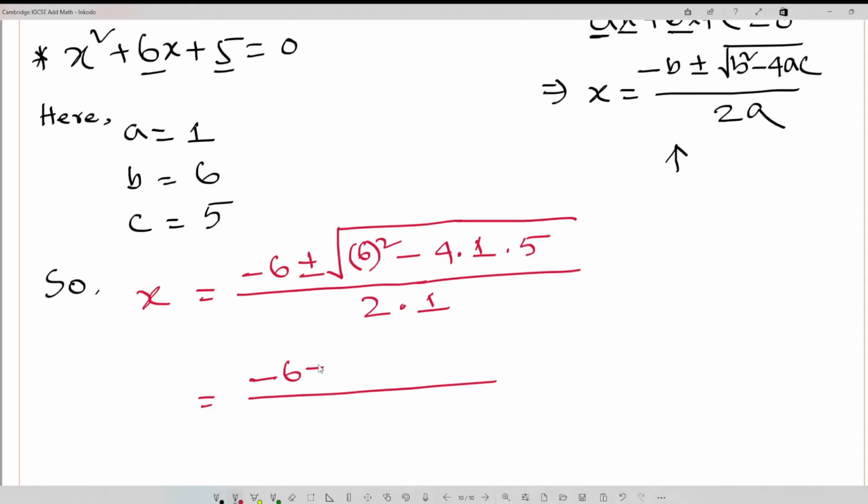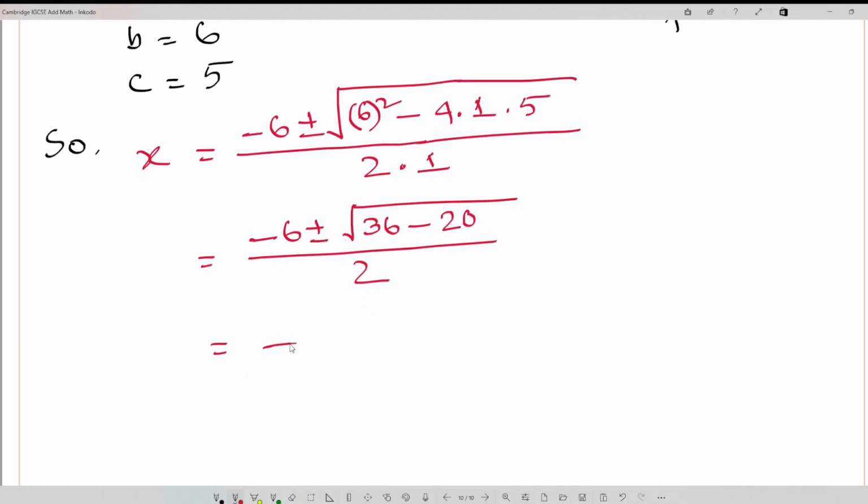Okay, now minus 6 plus or minus root 6 square means 36, minus 4 times 5 is 10, right? 4 times 5 is 10? No, 4 times 5 is 20, and 2 times 1 is 2, right? And then minus 6 plus or minus, here 36 minus 20 is 16, divided by 2.